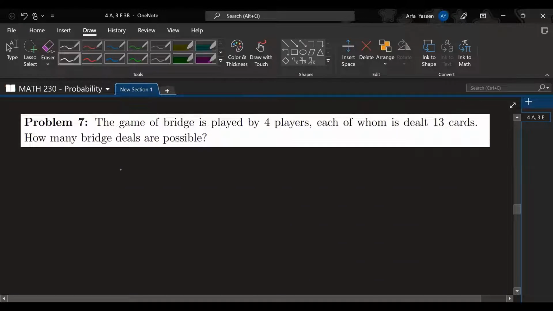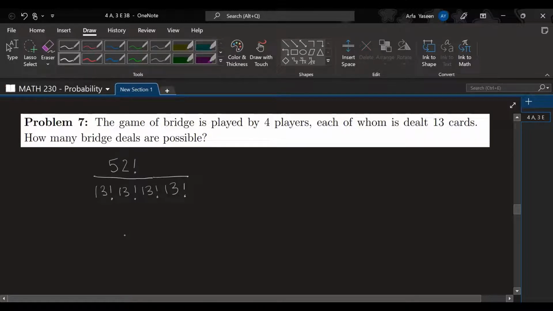With the multinomial, you have 52 choices, and since you have to divide the 52 cards into 4 and each division carries 13 cards, we'll just do 13 factorial, 13 factorial. That is one way to do this question.